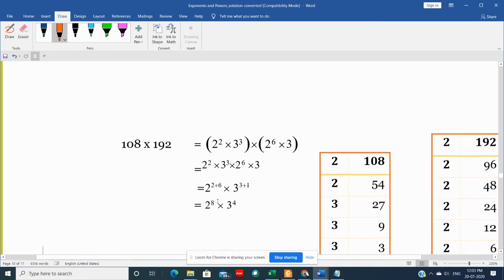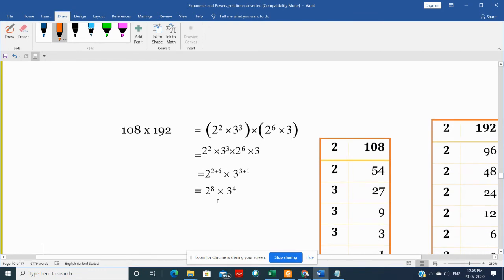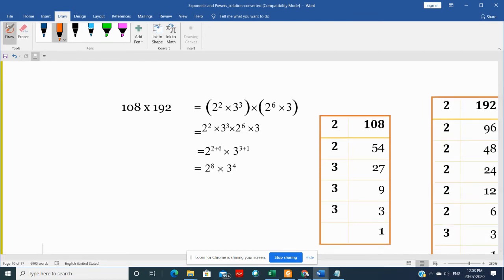multiplied by 192. So if you prime factorize 108, what you can write is 2 square, 3 cube. And 192, if you prime factorize, 2 6 times, so you can just write 2 to the power 6, and 3 only one time, so you can just write 3 one time.